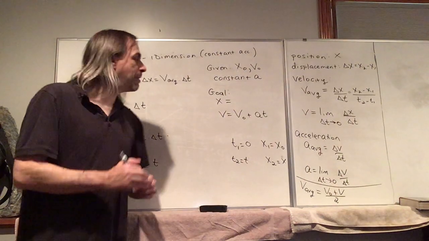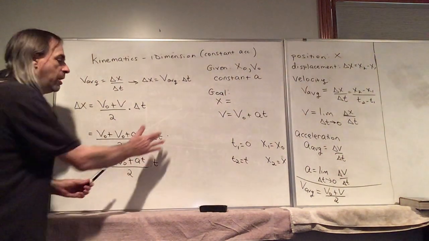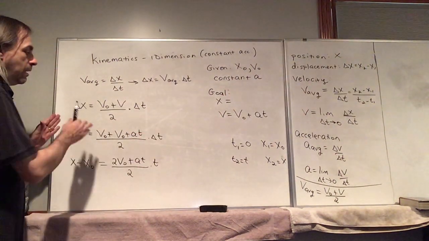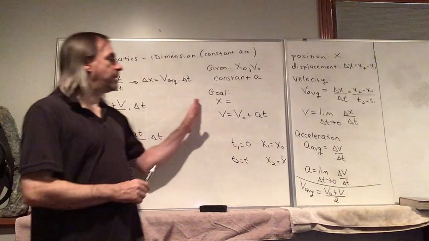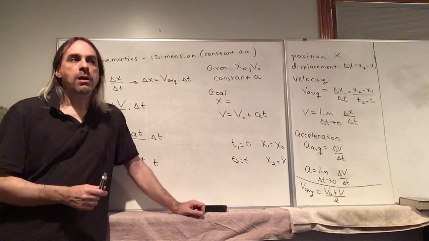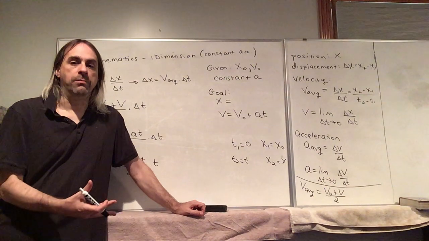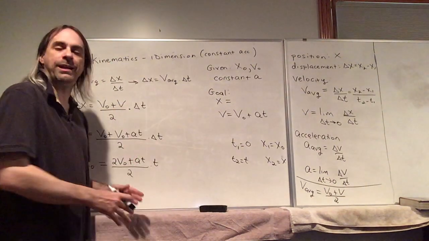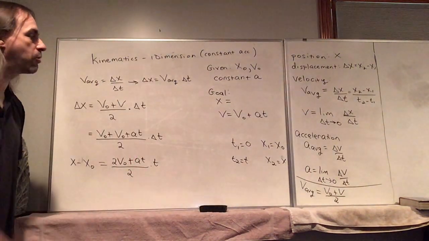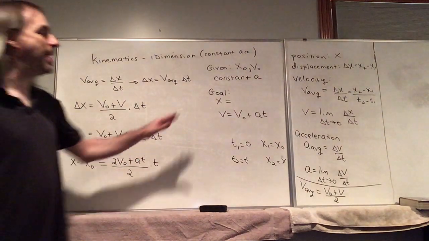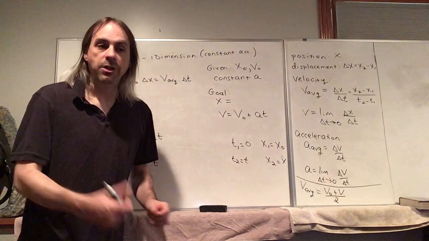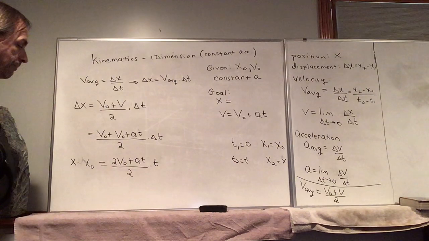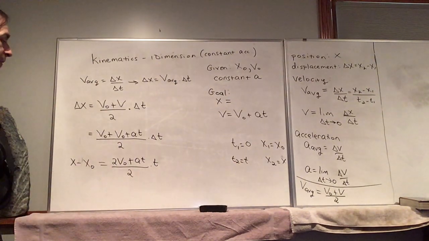But don't be intimidated if this algebra is a bit much, because once we have the equations, then we can use them. We're not going to have to do this every problem we come across. We're just deriving the basic equations, and then we can use them in the future. But let's finish deriving this.